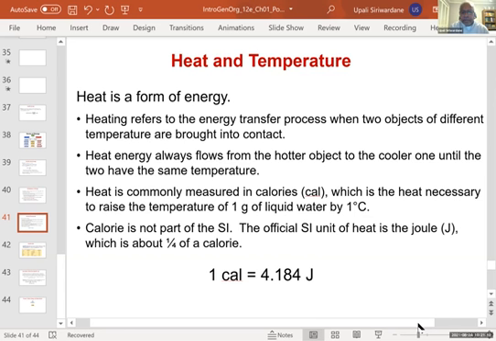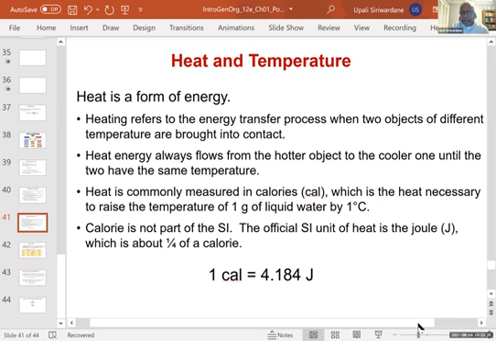Heat is measured in calories. A calorie is the heat required to raise the temperature of 1 gram of liquid water by 1 degree Celsius. Calorie is not the unit of heat in the SI system, the science metric units.